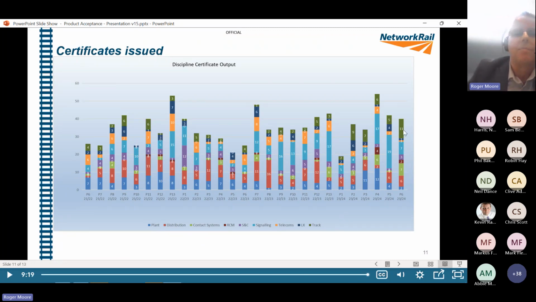So we average somewhere between 30 and 45 certificates issued a period, and we receive somewhere in the region of 30 applications a period.